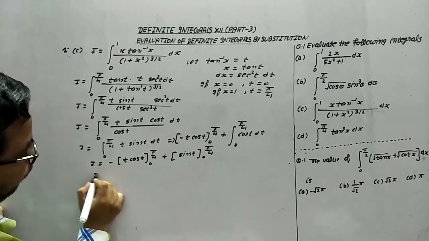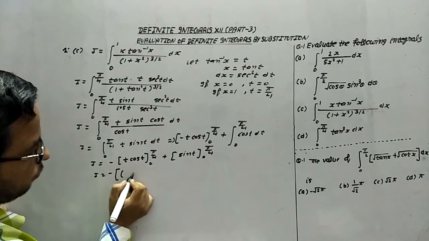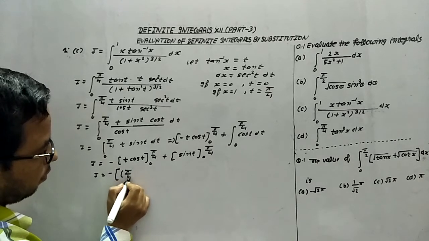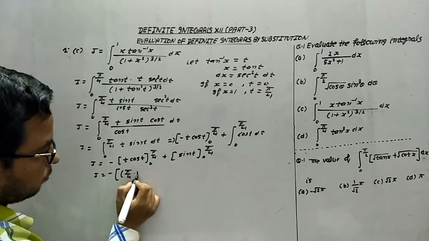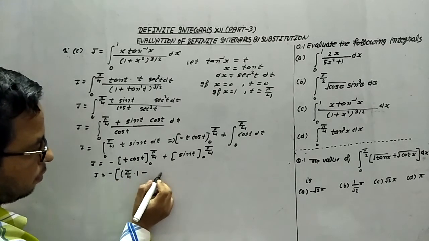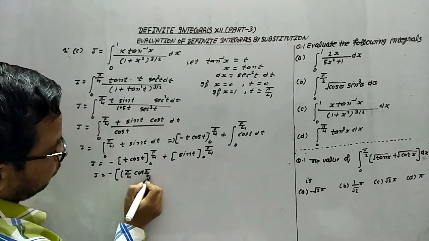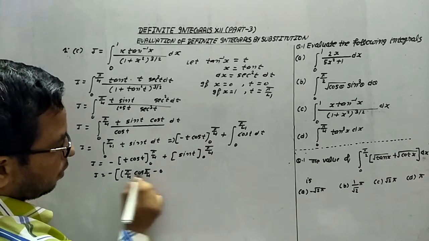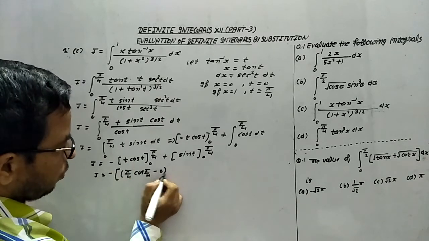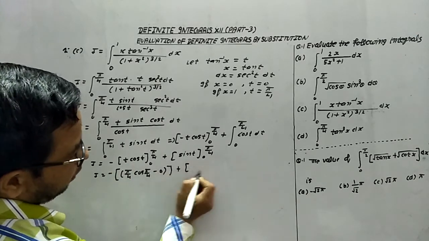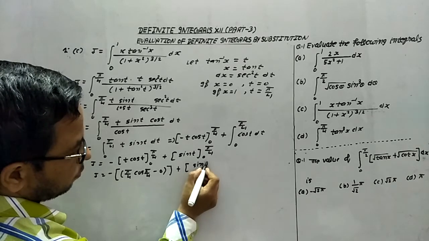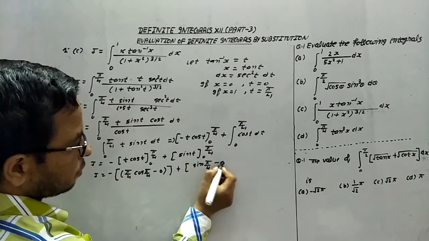Now in this part, first of all upper limit. t is pi by 4. This is cos pi by 4 minus 0 only, because t is something into 0, 0 only. Now here, sin pi by 4 minus 0.